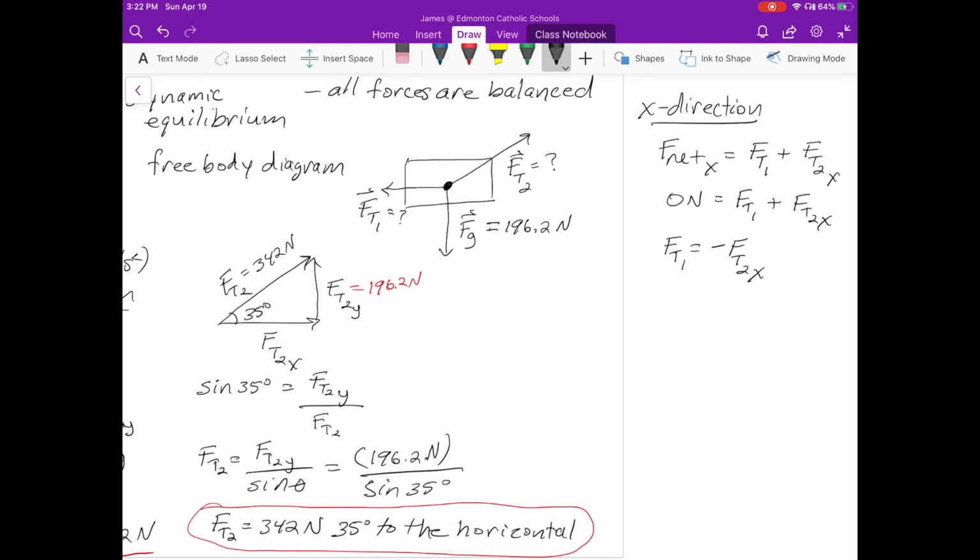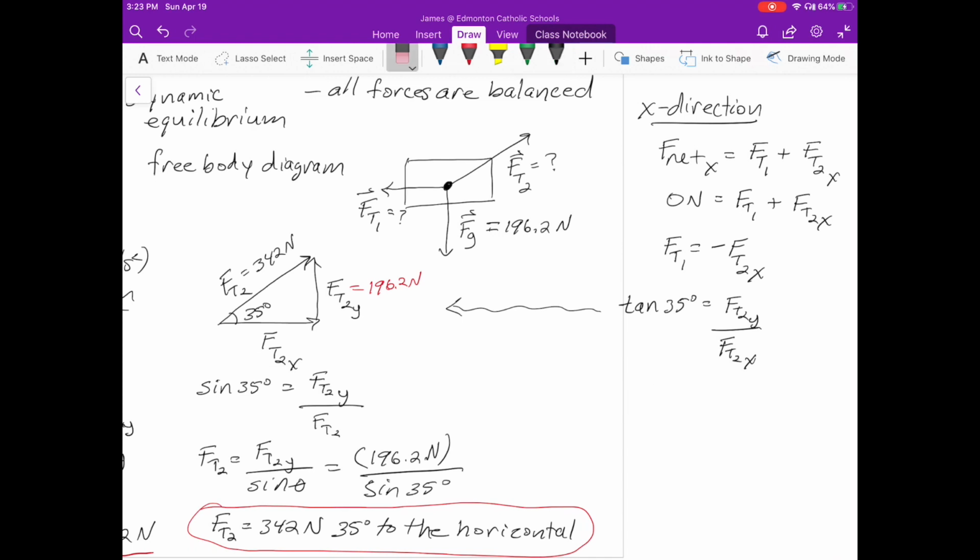So Ft2x, I'm going to write an expression for that. Tangent of 35 degrees is opposite, Ft2y, over adjacent, Ft2x. So using that diagram right there, we can figure out what that x component is.